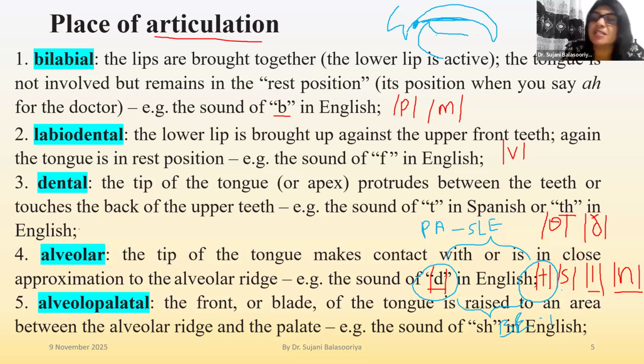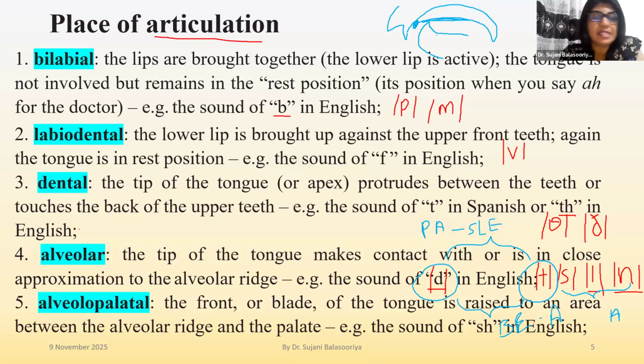Whereas the other sounds, s, l, n, are alveolar sounds in British English, American English, Sri Lankan English and everywhere. Only these two are different.